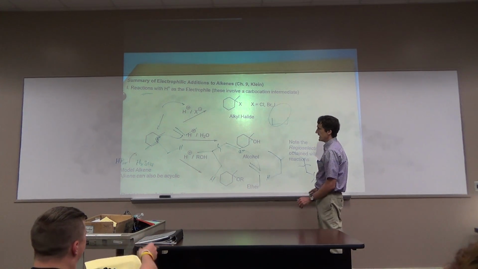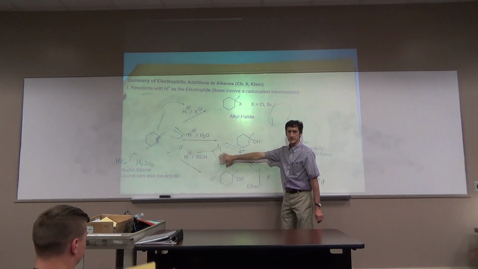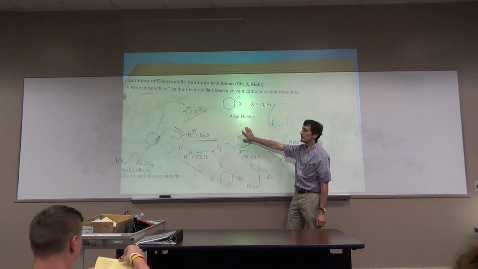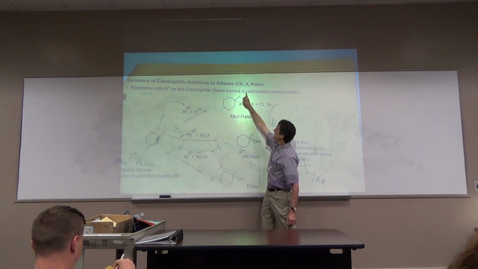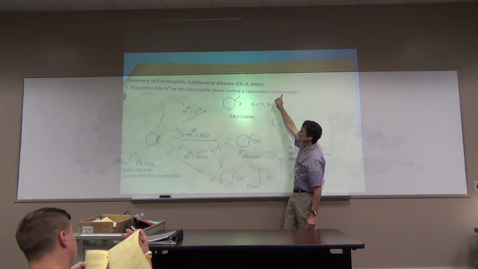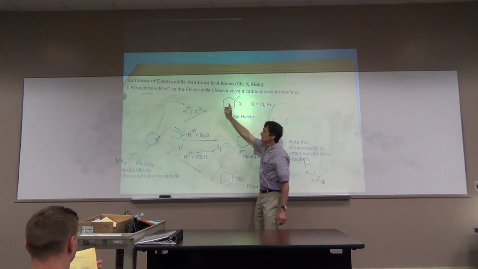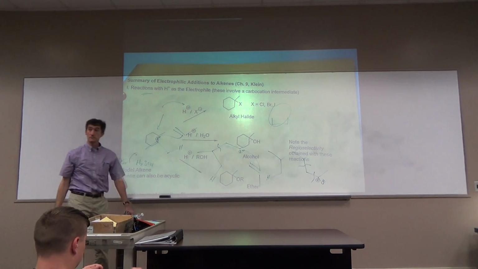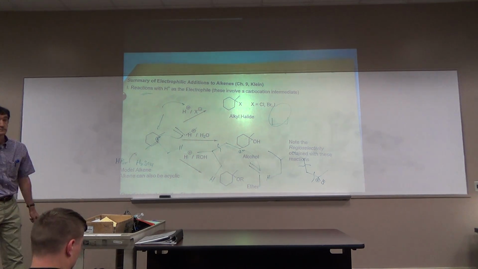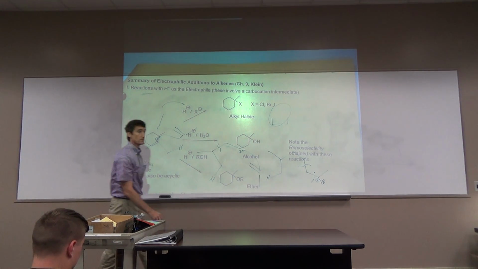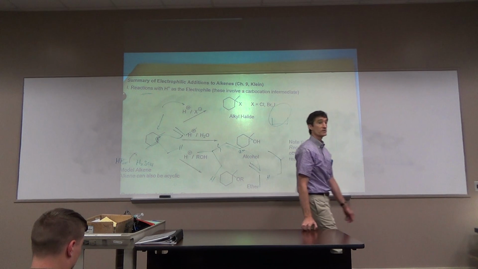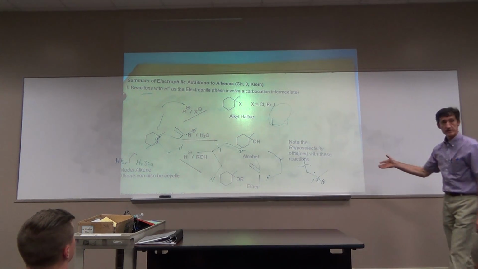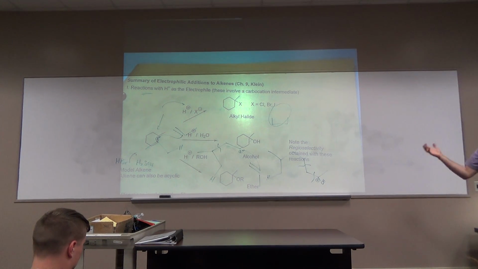If you haven't recognized it yet, all the reactions we've done at the top all involve a carbocation intermediate. They all involve reacting with H plus as the electrophile, certainly initially. In the polymerization, we do it initially, but then we start reacting with the carbocation as the electrophile.